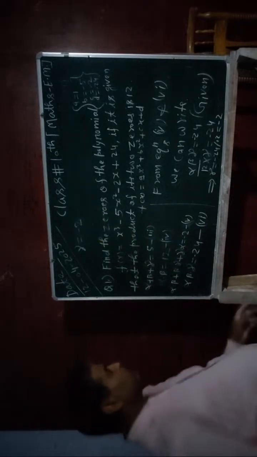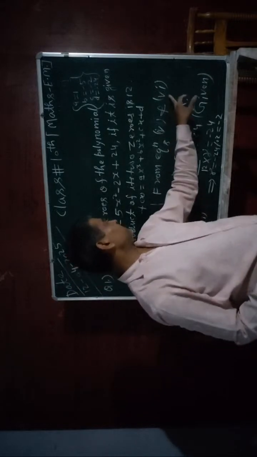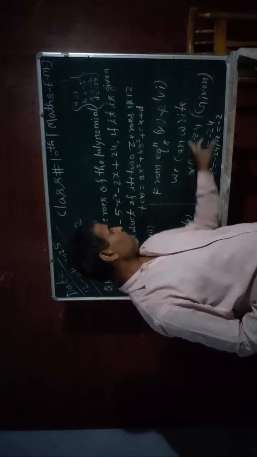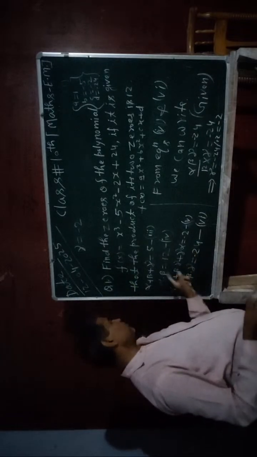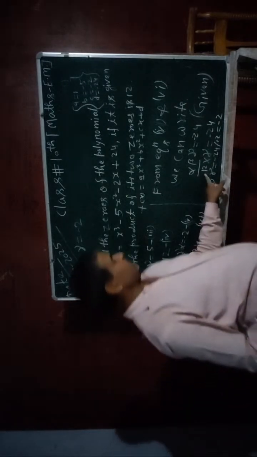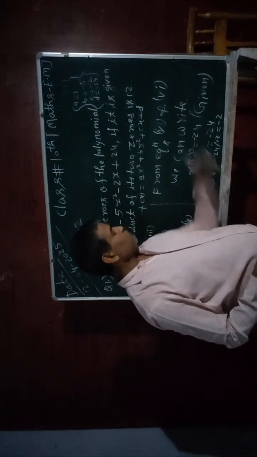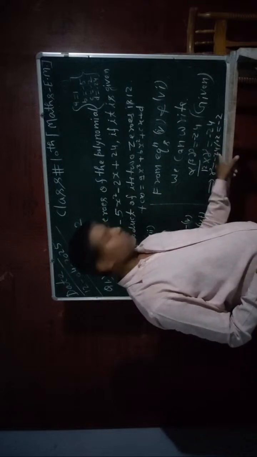Okay student, from equation 4 and 6 we can write like this: alpha beta into gamma is equal to minus 24. The value of alpha beta I have taken from equation number 4, that is 12. I have written here 12, and this 12 I will put in the right hand side, that will go in the denominator, and it will divide 24.